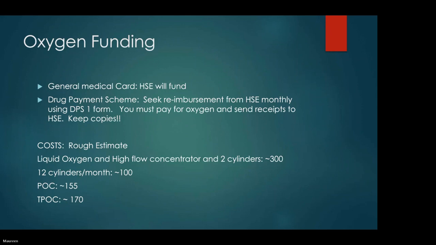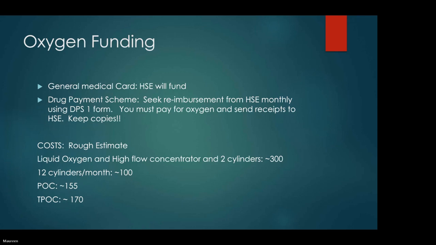But the key thing is you must pay for the oxygen and send those receipts to the HSE, but keep copies of the receipts, because with all these administrative areas, there are time delays, and you want to make sure that you're keeping tabs on getting your reimbursement for each month.